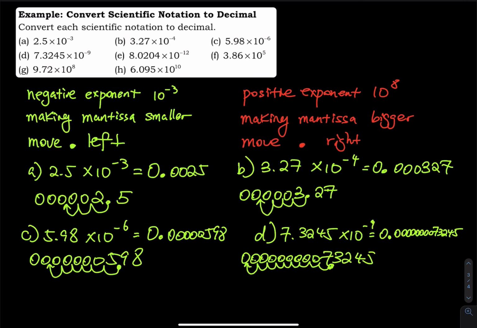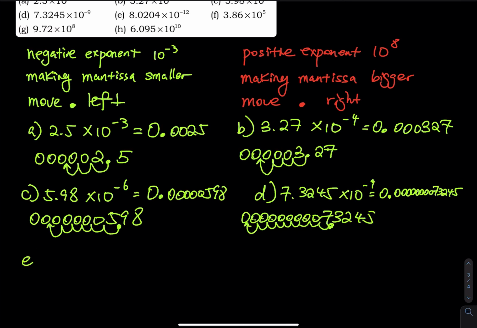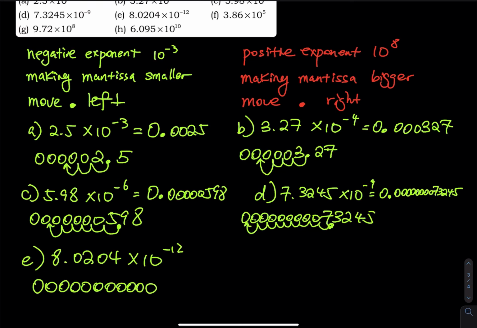And then we have part E. Part E is 8.0204 times 10 to the negative 12, negative exponent, making the mantissa smaller. So let's prepare many zeros. This time we need a few more. 80204. So let's start the move right here, right? 1, 2, 3, 4, 5, 6, 7, 8, 9, 10, 11, 12.